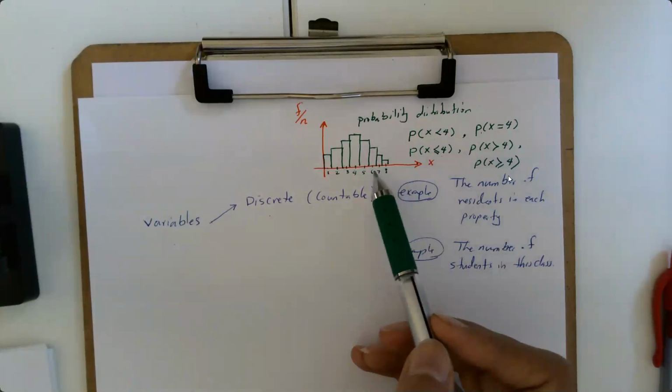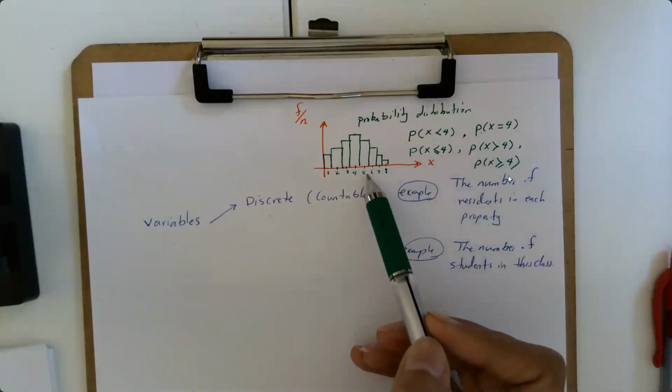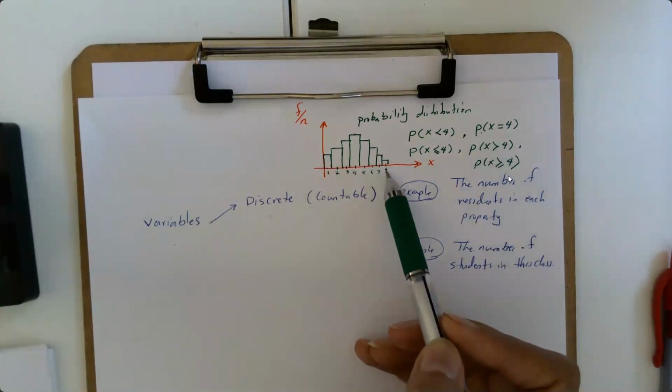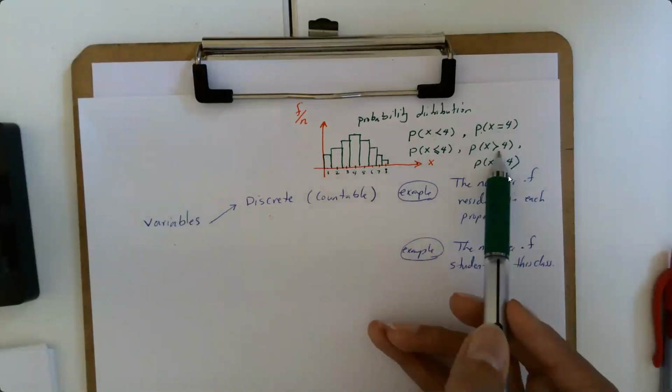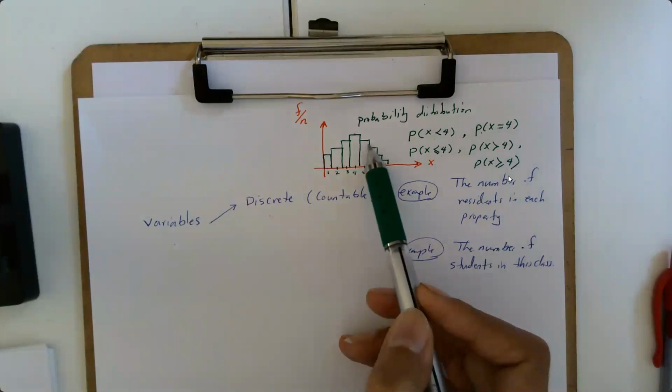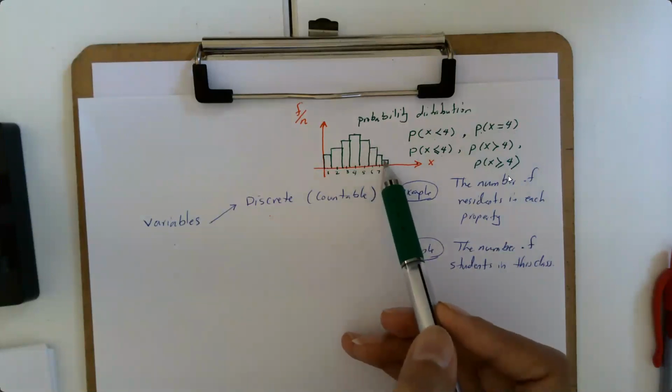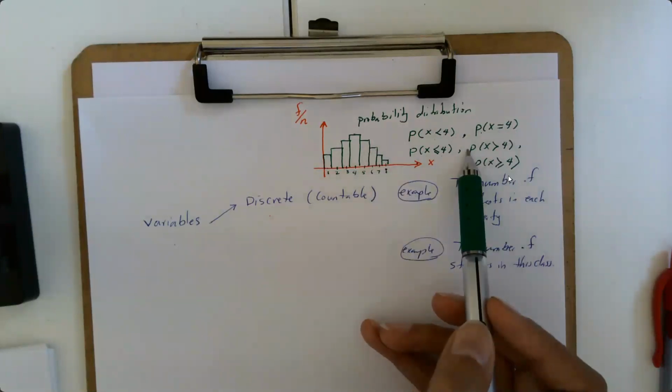If it says find the probability that x is greater than 4, it means that x can be 5, 6, 7, or 8. So for this case, x is larger than 4. We're going to add these probabilities together to find the probability that x is larger than 4.